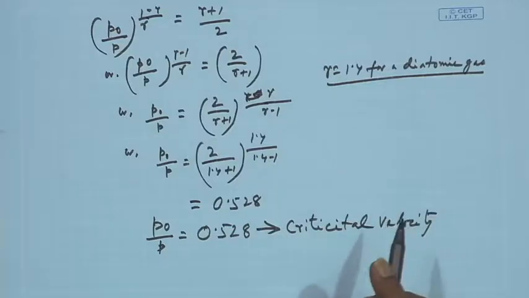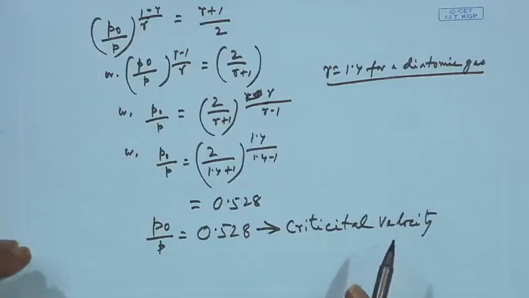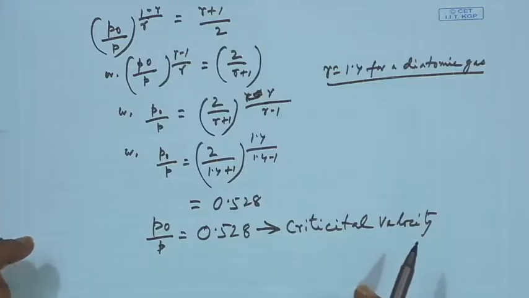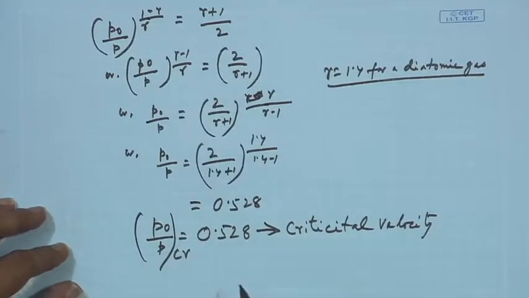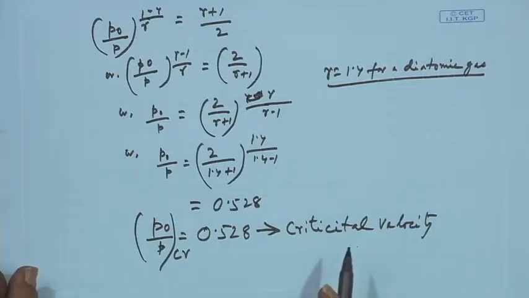So this is nothing but the critical condition, and that tells that when the pressure ratio becomes critical, the ratio of tip velocity to the inlet velocity becomes 0.528, right.